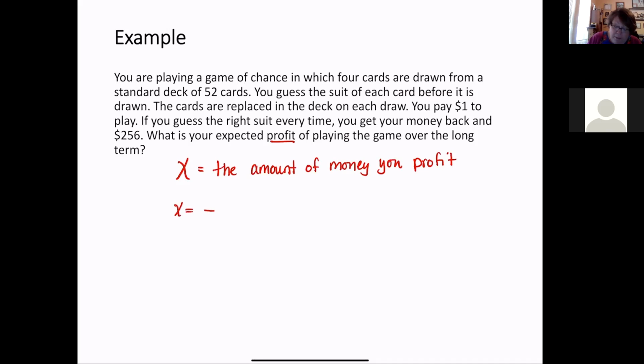Well, you can either lose $1, so you pay $1 and you lose, or you can win. So this is what it costs you to play, and this is what you could win.